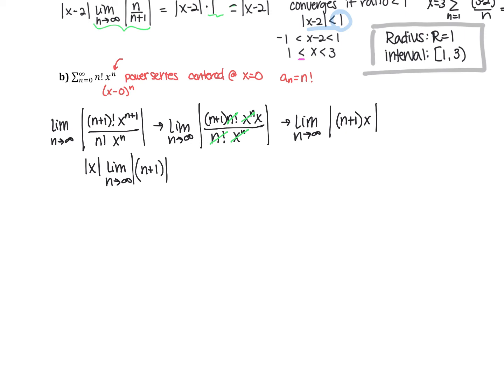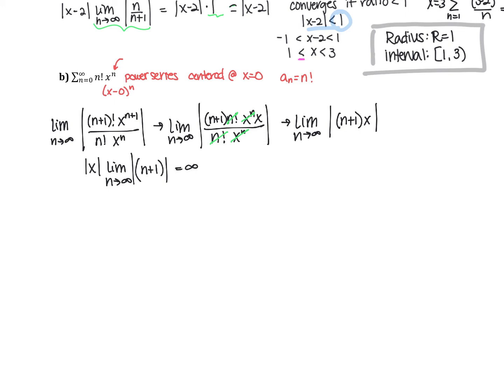And what is that limit as n approaches infinity there? Well, it's infinity, right? So here's the problem. I can say that this series converges if the ratio is less than 1. Is there ever a chance infinity is going to be less than 1?